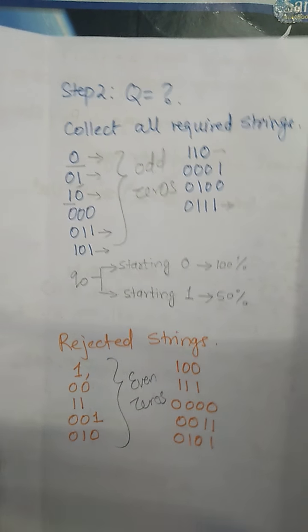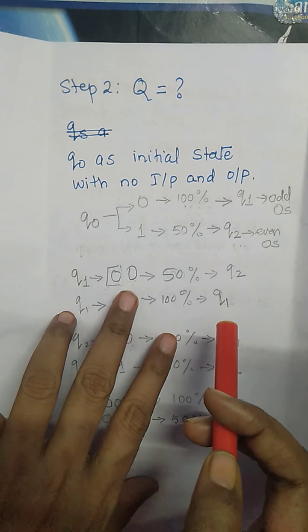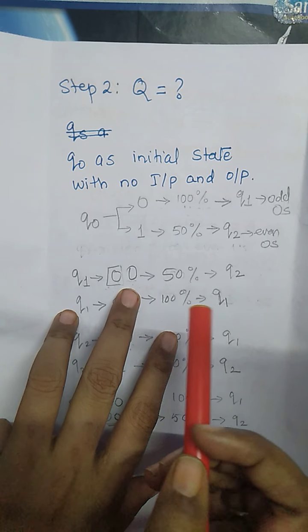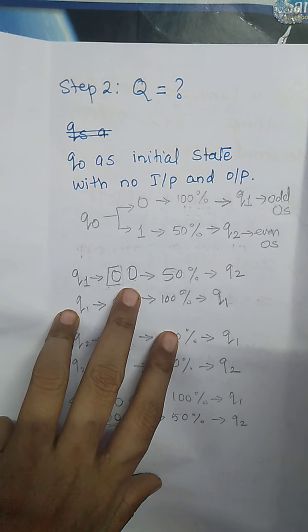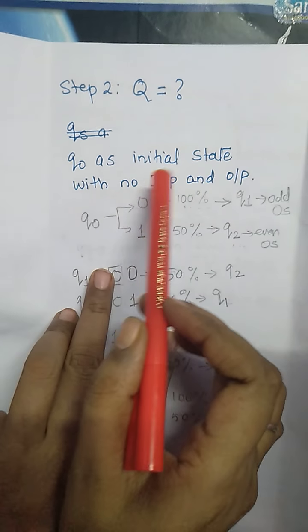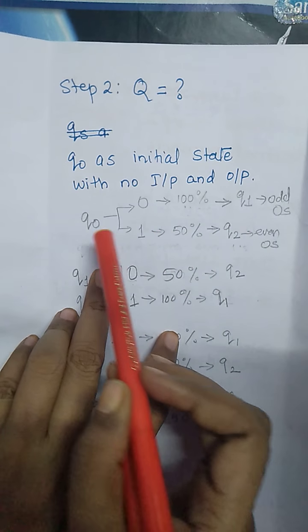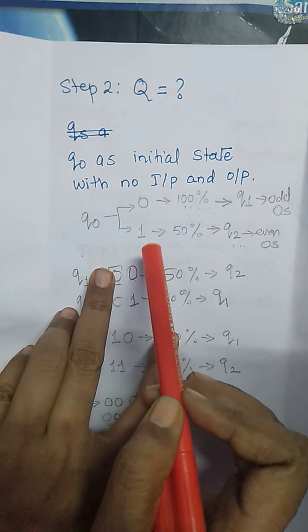Now how are we going to proceed? Based on the percentage of zeros, we are going to mark them into two different states, either the acceptable state or the rejectable state. Q0 we mark as the initial state, which consists of no input, no output. So Q0 can start with either 0 or 1.